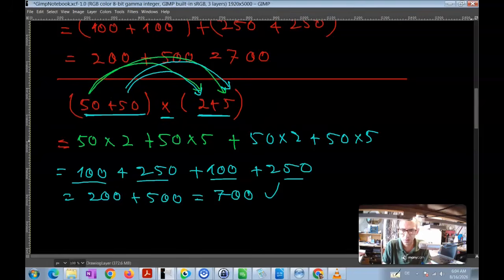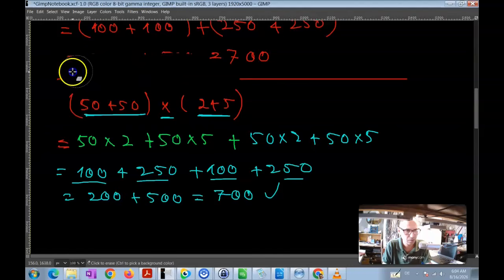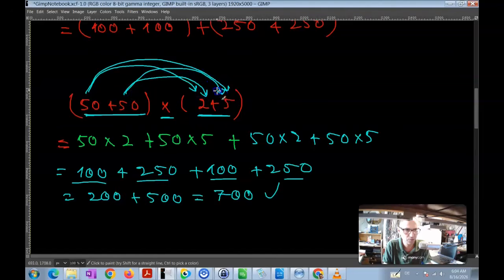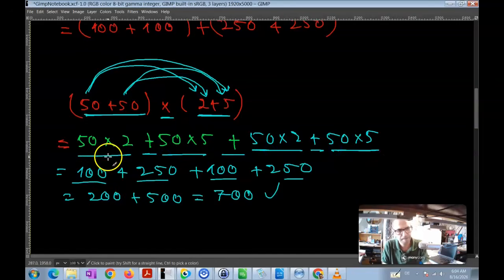Then you can simply distribute 50 times 2 plus 50 times 5, then 50 times 2, then 50 times 5, and then add all of those numbers together. So that's 3 additions, that means you have 4 terms over here. So all of these are being added together, right?